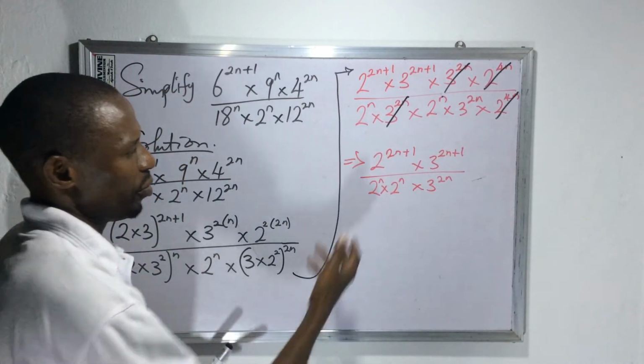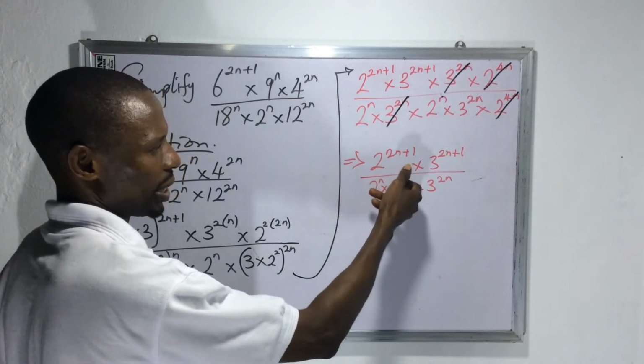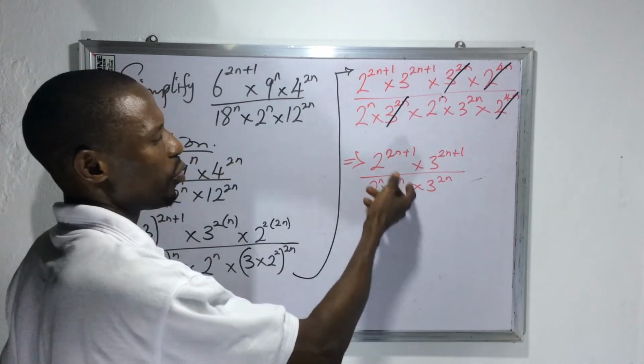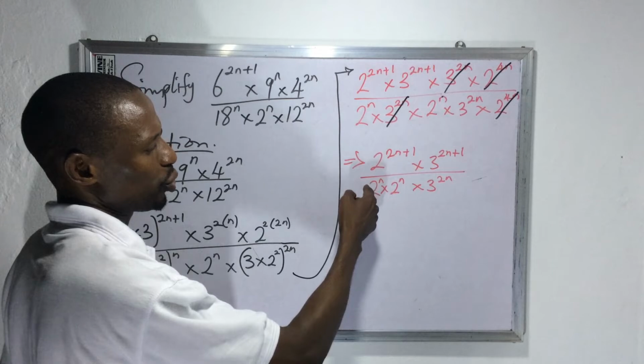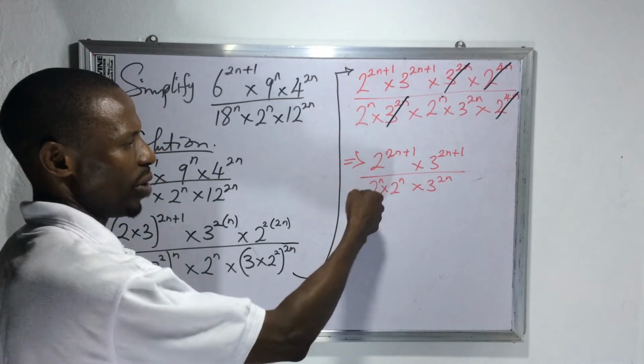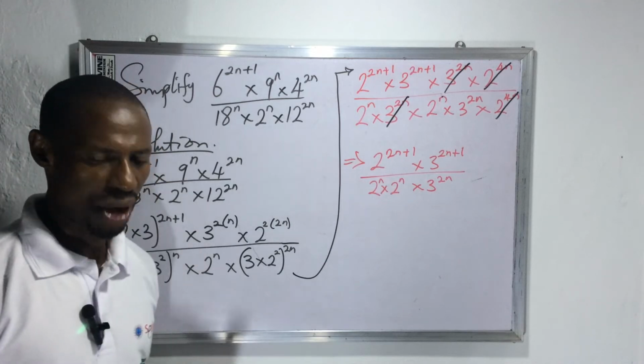So we can bring these two together. If we bring these two together, we will have 2 to the power of 2n, because when the bases are the same, add the powers.